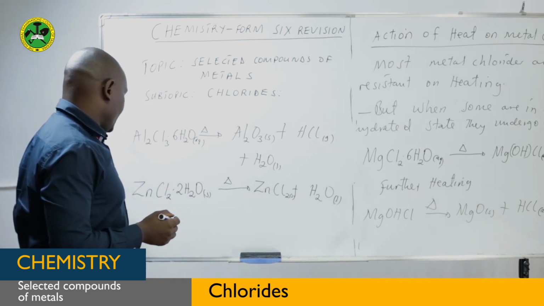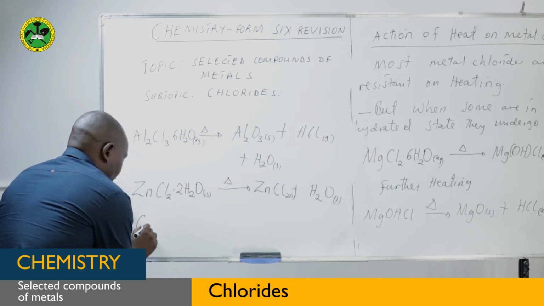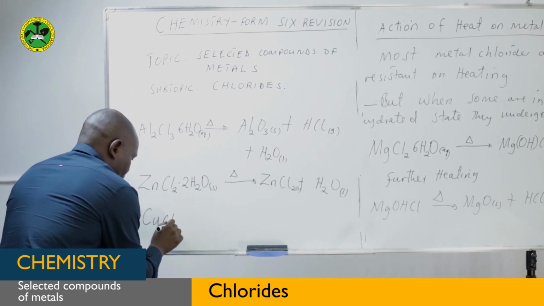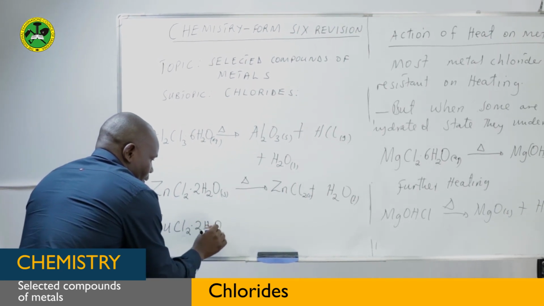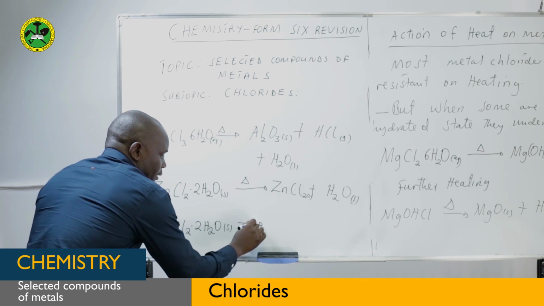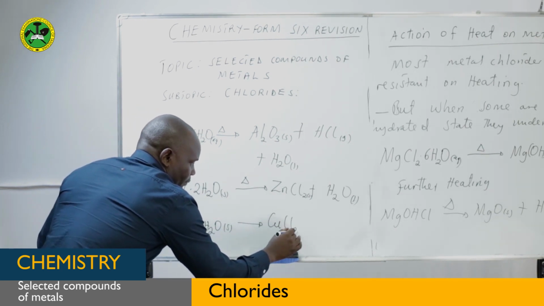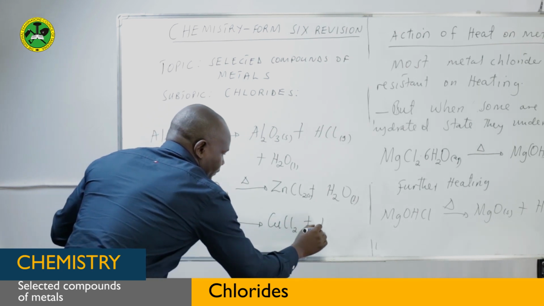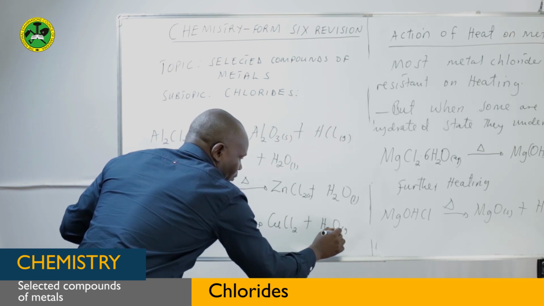Because that is the same as that of copper chloride. Copper chloride, when heated, also releases copper chloride, then plus water, which escapes as a vapor or as a gas.